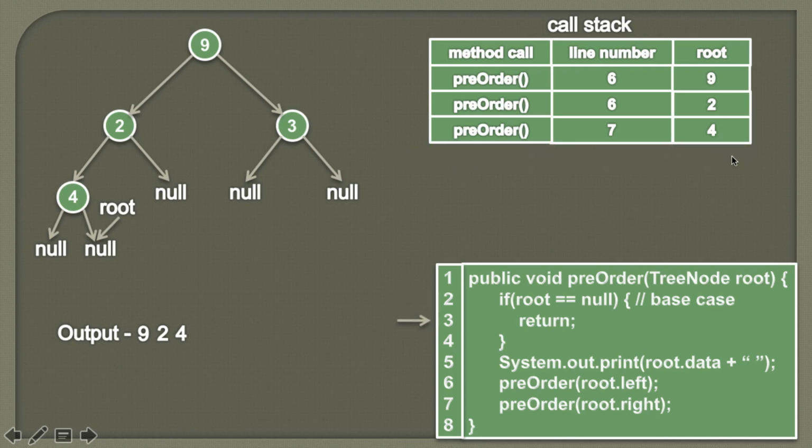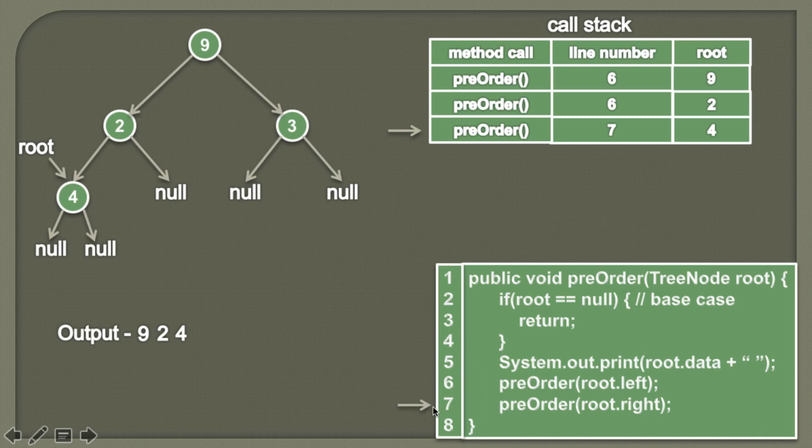So this method gets removed from the call stack, and the execution point goes to the method which called it. So now we'll again start executing this pre-order method from the line number 7. And we also know that we have left this pre-order when the root was pointing to node 4. So we simply traverse to the node 4, and this would become our root.